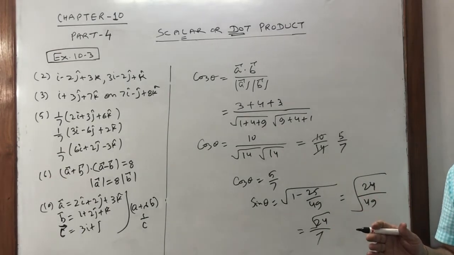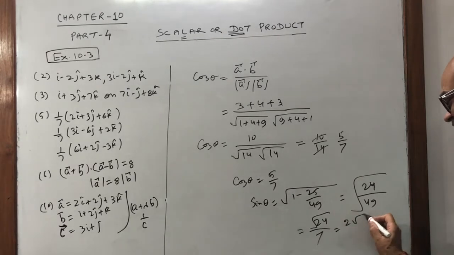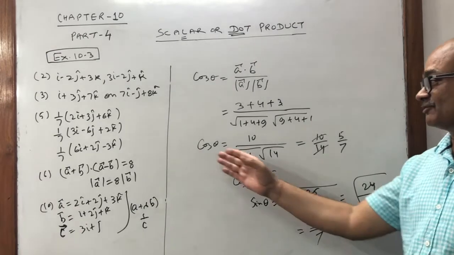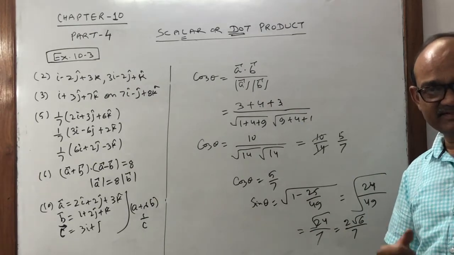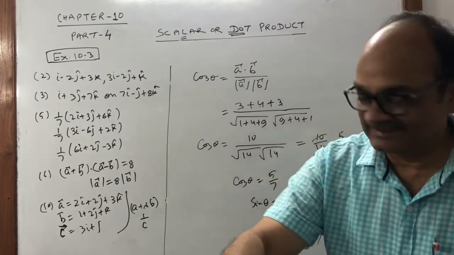You can write 4 into 6, so 2 root 6 divided by 7 is the value of sin theta. Correct? So sometimes they will ask cos theta, sometimes sin theta, or even sometimes tan theta. Be ready for that.